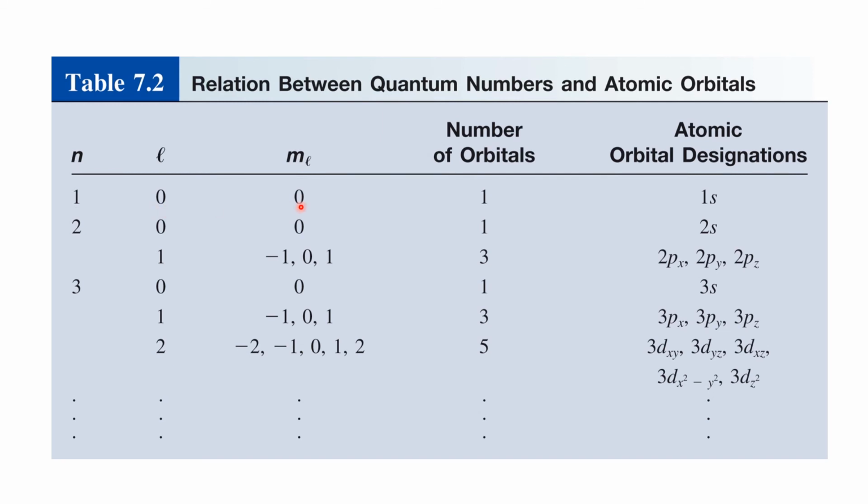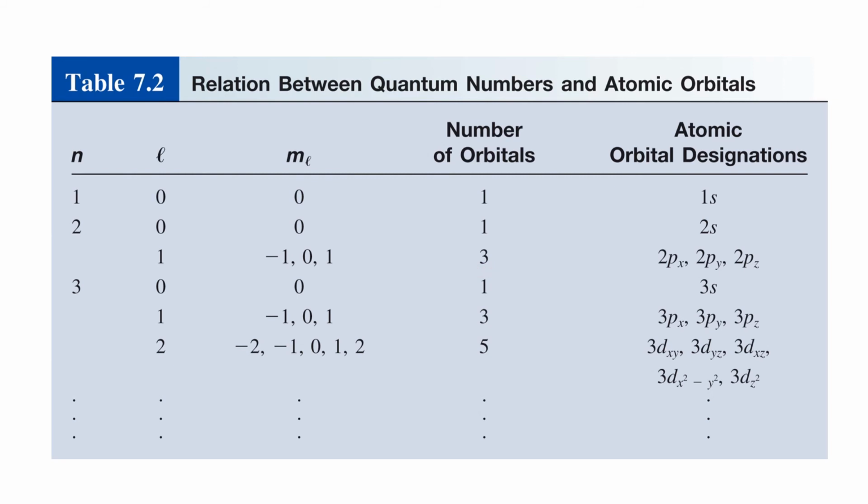L can only be 0, ml can only be 0, and the only possibility we have for an orbital at this point is 1s. However, as we get to n equals 2, then we have more possibilities for L, and consequently more possibilities for ml. This means an expanded number of orbitals.